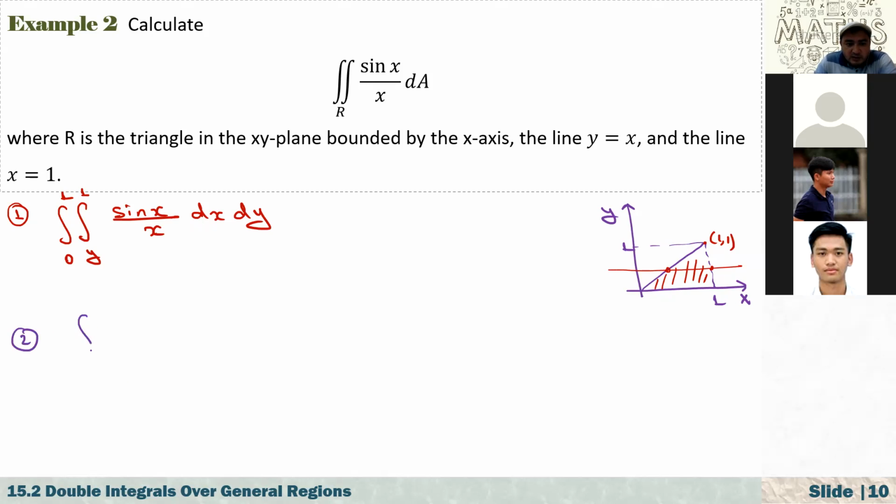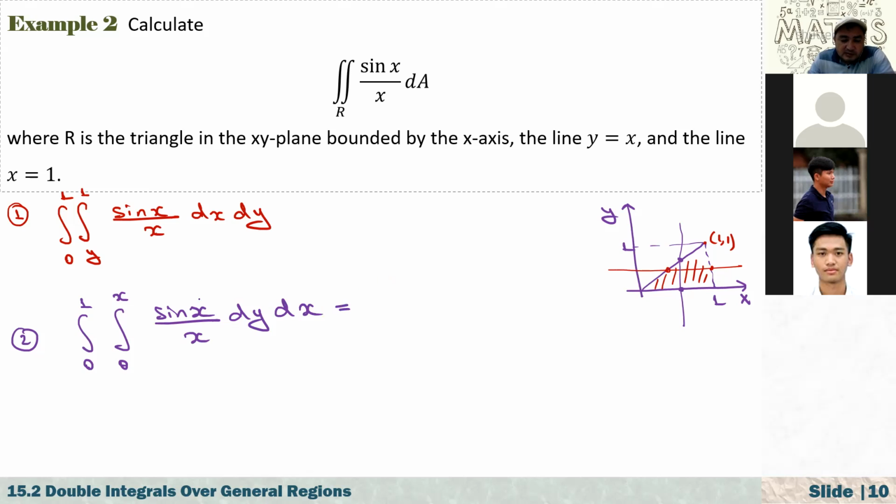The second one is first with respect to y, then x. So x is changing from 0 to 1. How about our y? If you draw a vertical line, it enters here and exits here, right? Our y is changing from 0 to x. So here we have sine of x over x, and here we have dy and dx.